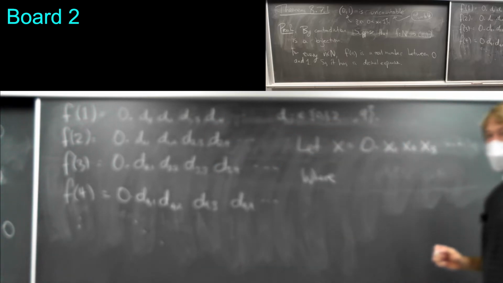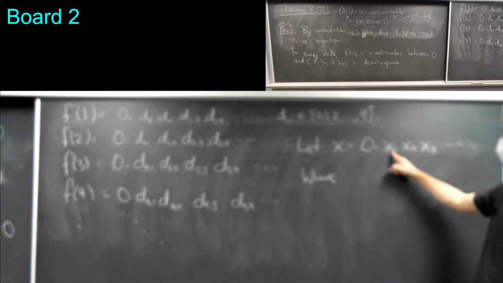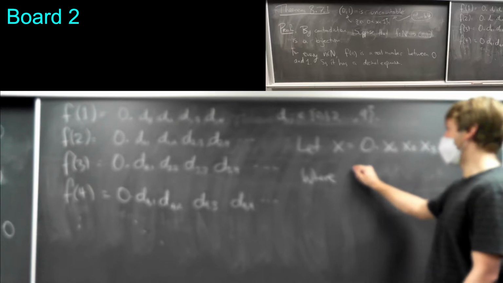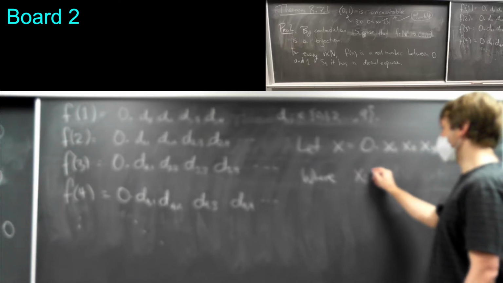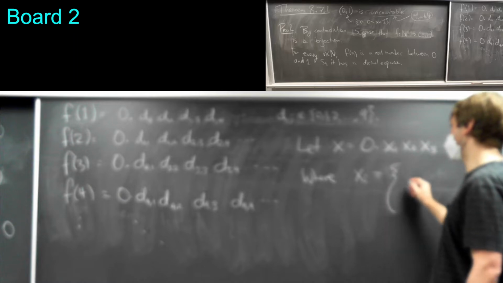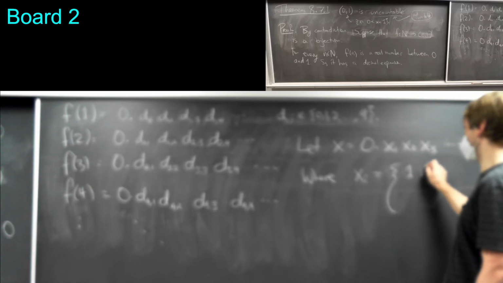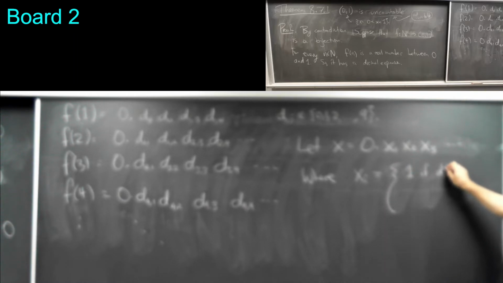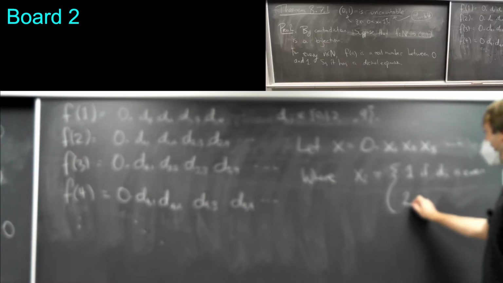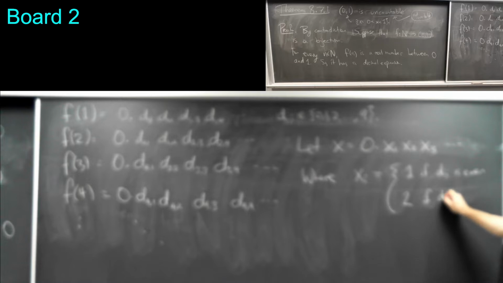Where the way I define x, each decimal of x is as follows. So x_i is going to be equal to 1 if d_ii is even, and 2 if d_ii is odd.